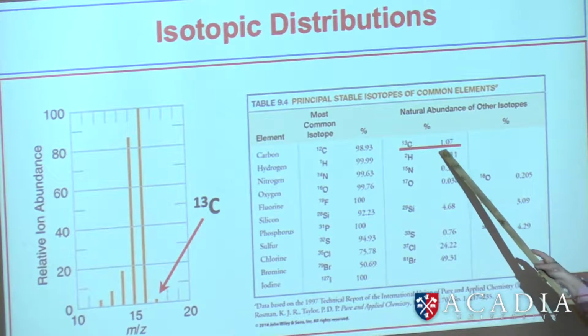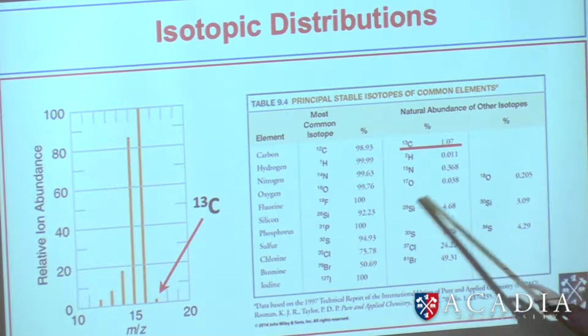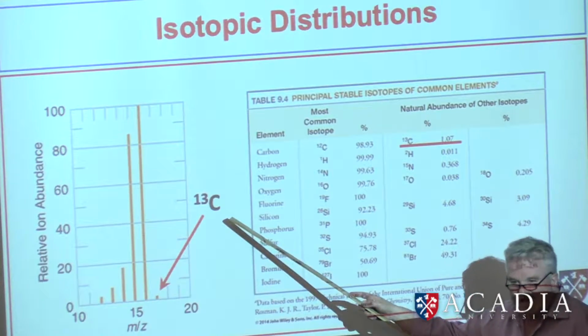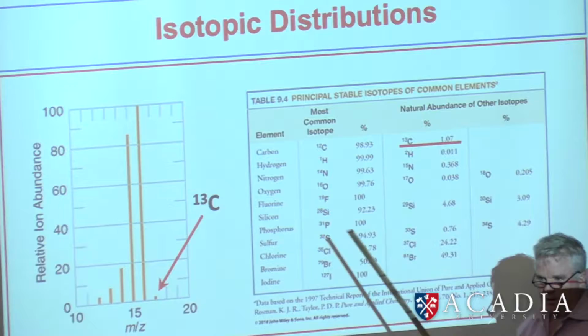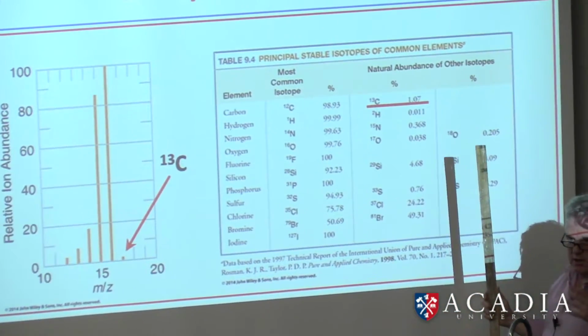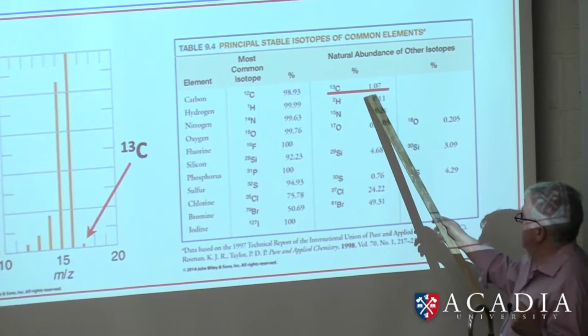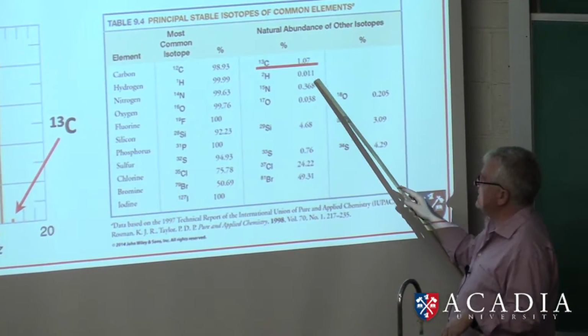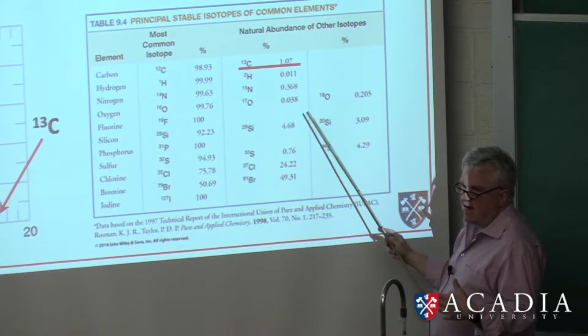However, deuterium is a very, very low abundance, so most of this peak is probably going to be attributed to methane molecules that have a C13 in them. 1.07% of all methane molecules should have a C13 atom in them. And this is the isotopic distribution, and it can be very diagnostic.